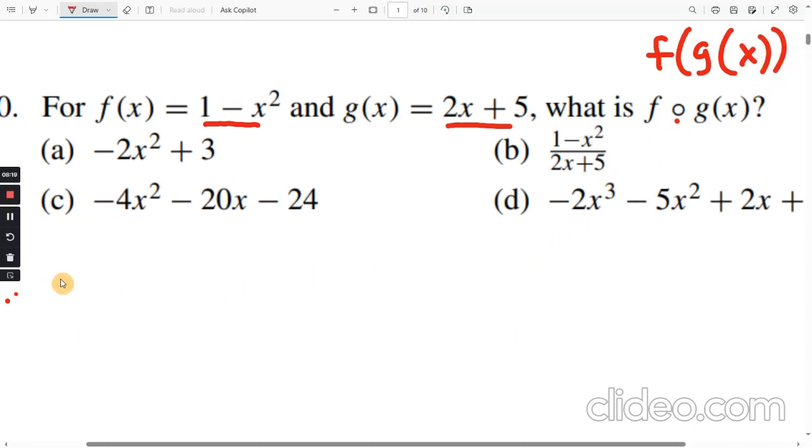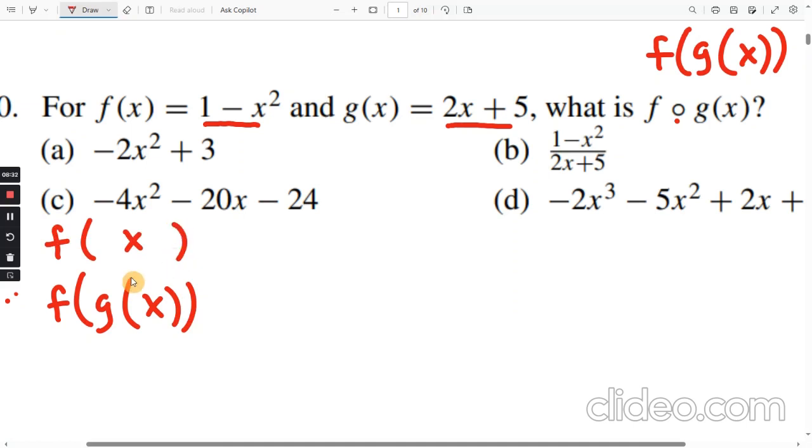So f of g of x, what does that mean? Well, you take the f function and you're going to plug in g of x in place of x in the f function. That's all it means. So we're going to take g of x, take that whole thing, and plug it into the f function.